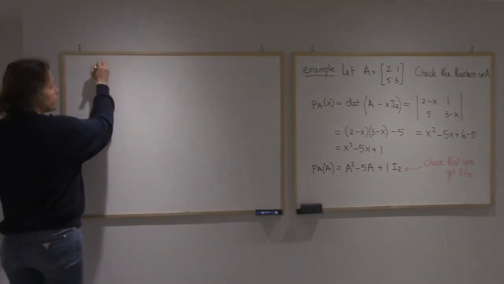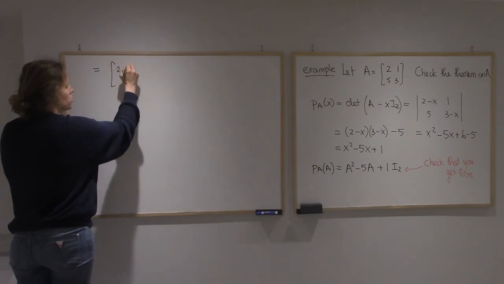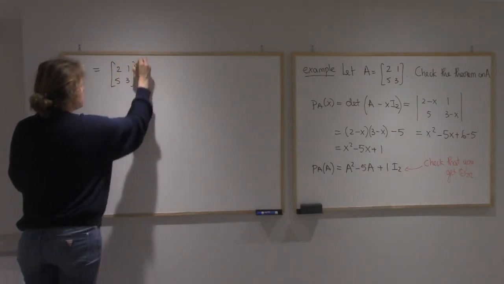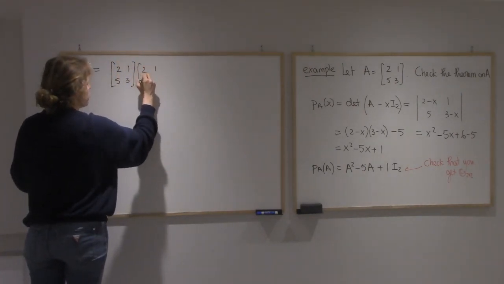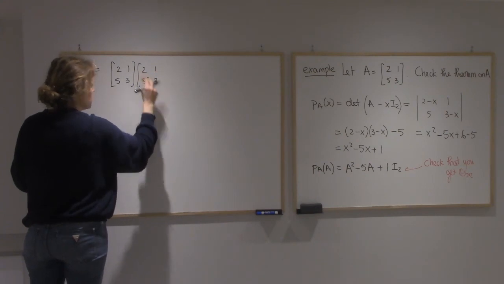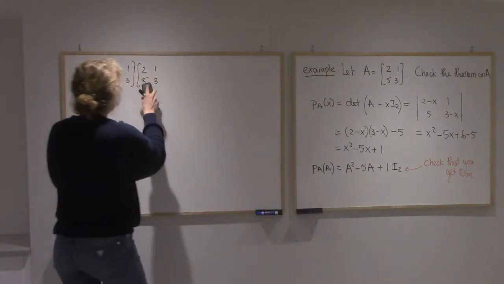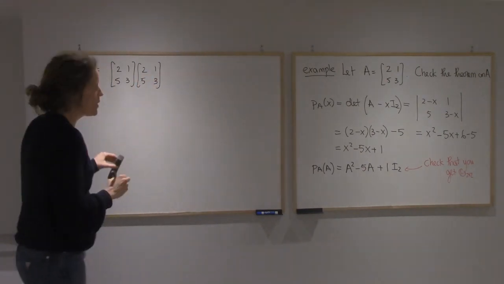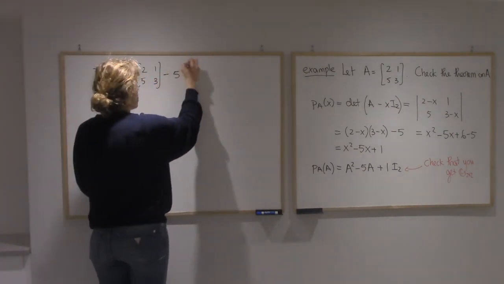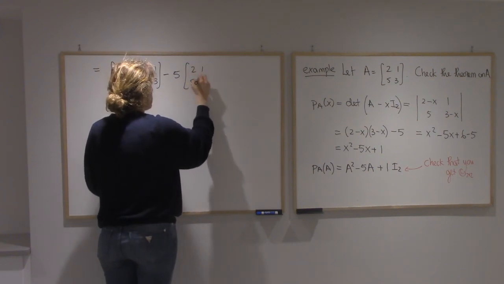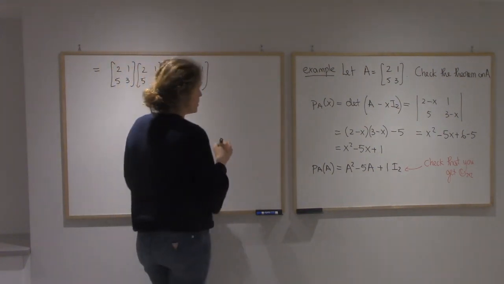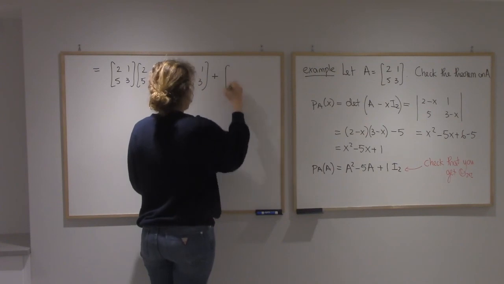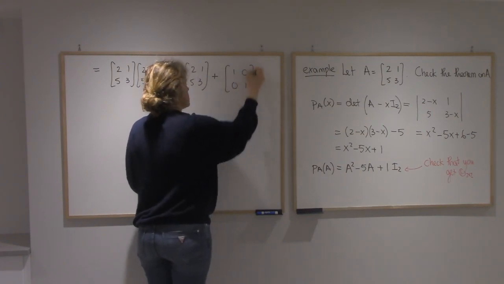Alright, so p(A) would be the matrix [2, 1; 5, 3] multiplied by the matrix [2, 1; 5, 3]. Then I'm going to subtract 5 times [2, 1; 5, 3], and I'm going to add the identity matrix times 1.